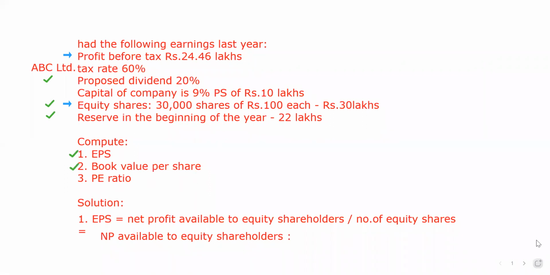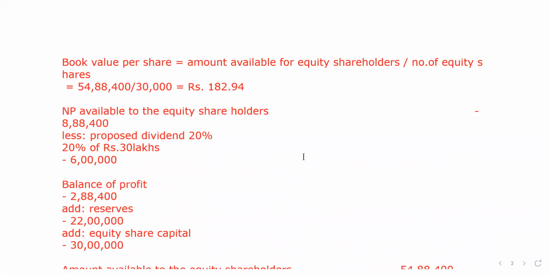Then next is price earning ratio. What is the formula for price earning ratio? Market price per share divided by earnings per share.